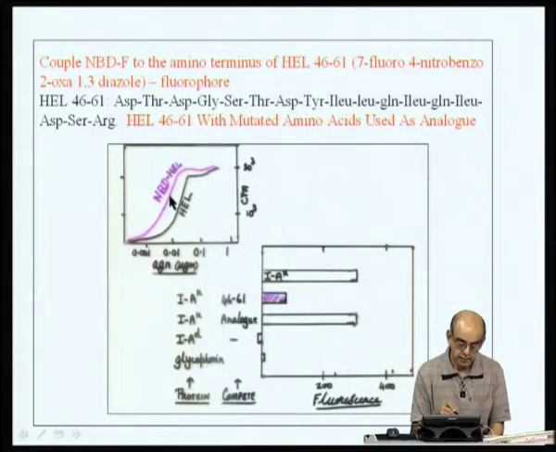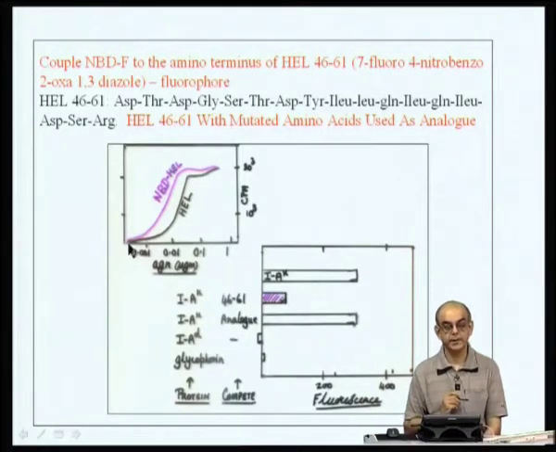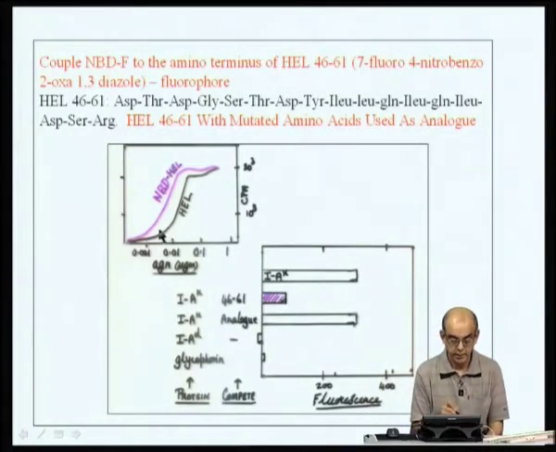When the hen egg lysozyme peptide is modified by the fluorophore, you would find the same result in that it was very efficient in stimulating IL-2 release. Again, to reiterate, IL-2 release and CPM incorporation go hand in hand in this particular assay.